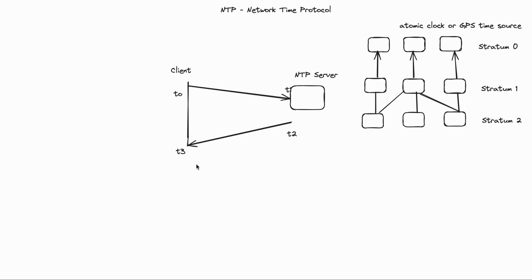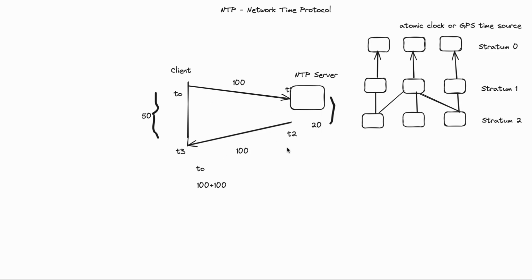To calculate, we first take T1 minus T0, here 100 milliseconds, then T2 minus T3, again say 100 milliseconds.